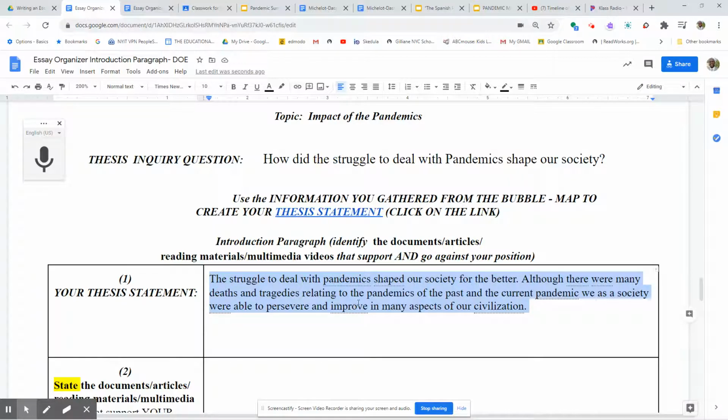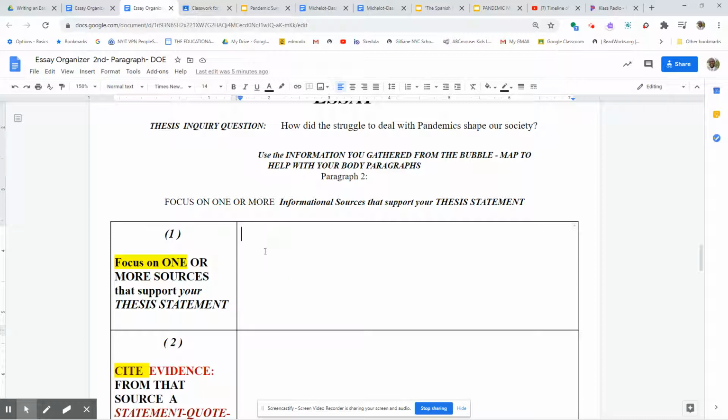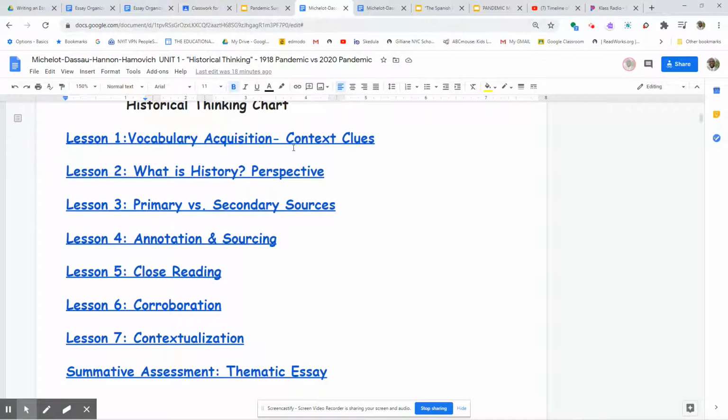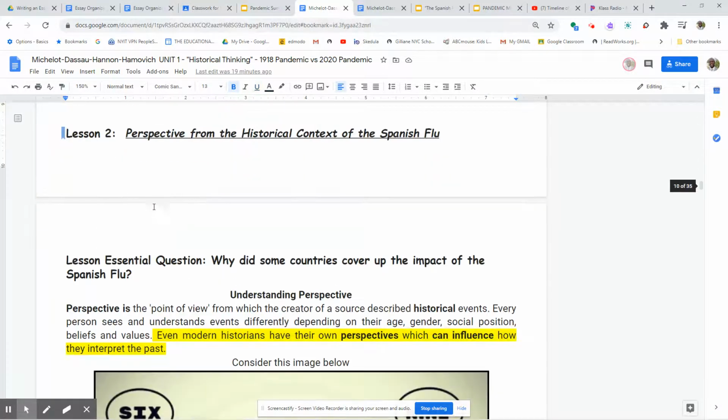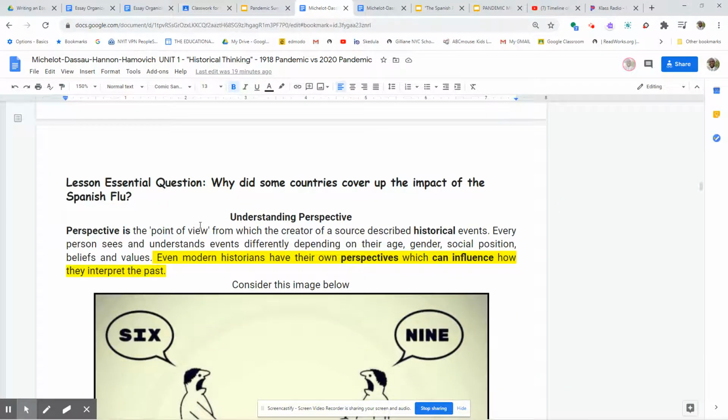Using that idea that things were for the better, if I go back to my body paragraph, now I would focus on one or more sources that support the idea that things were for the better. So what I do is I will go back to my historical packet, and let's say I want to look at the first lesson, which deals with perspective. I would click on that lesson.